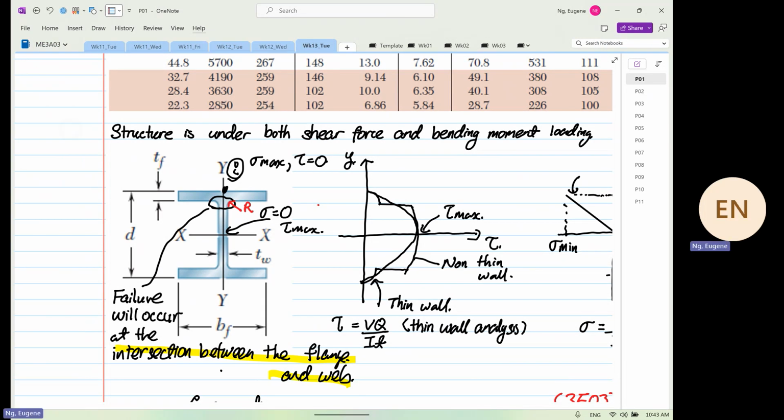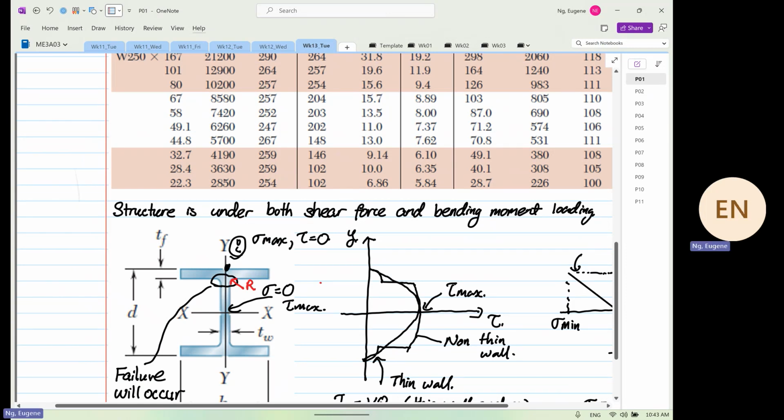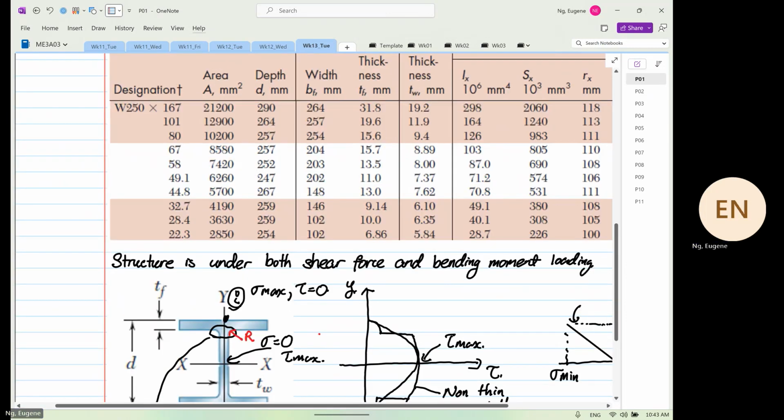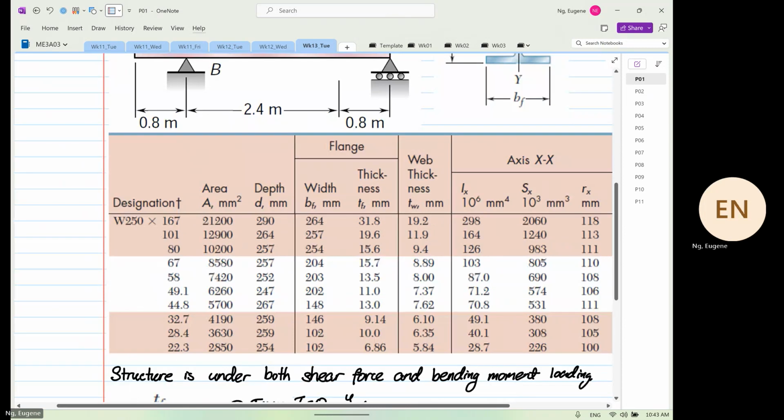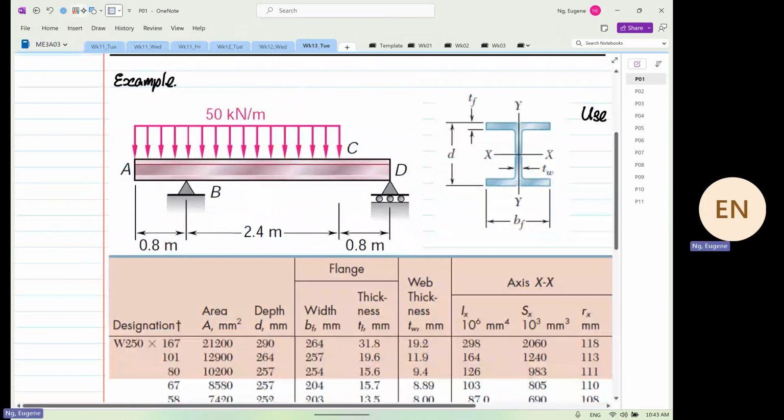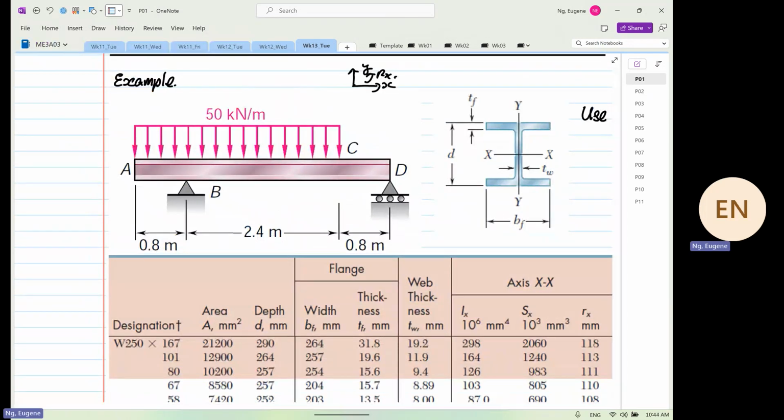If I were to call this Y, and this is our rotation about Z. The next question comes: where along the beam will failure occur?